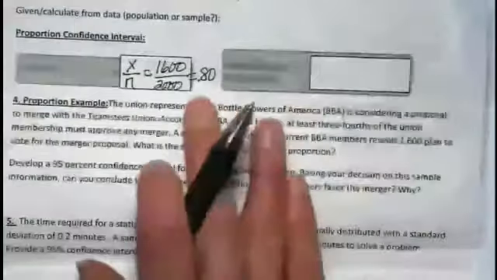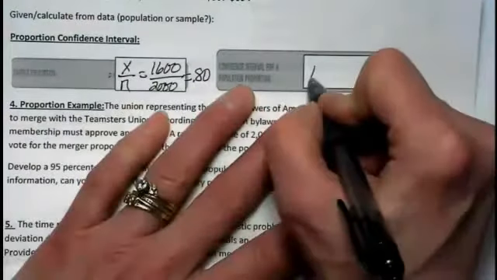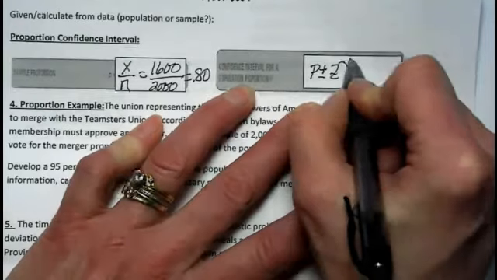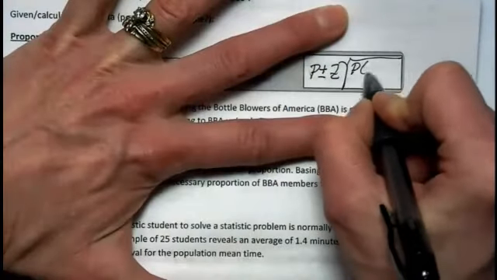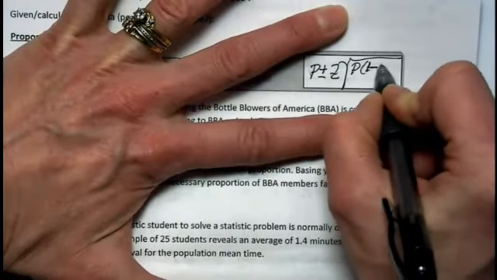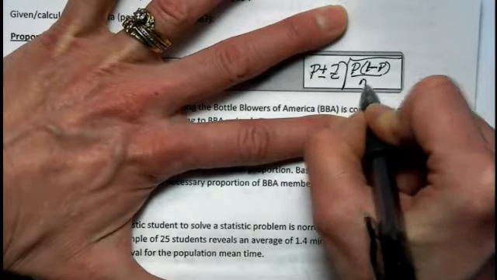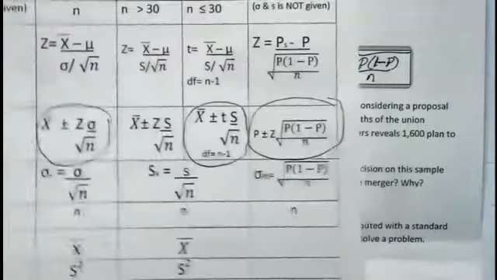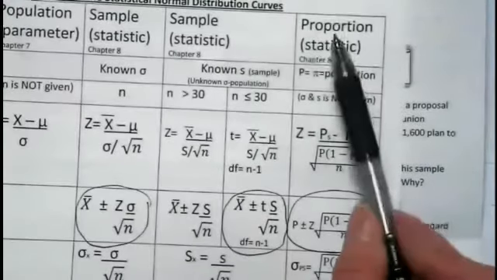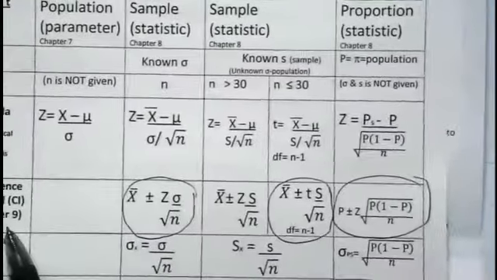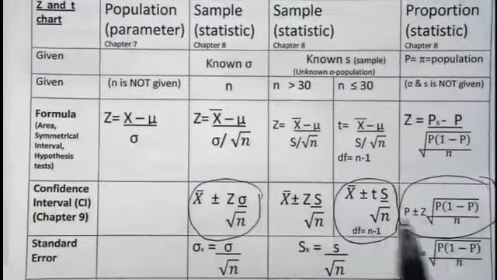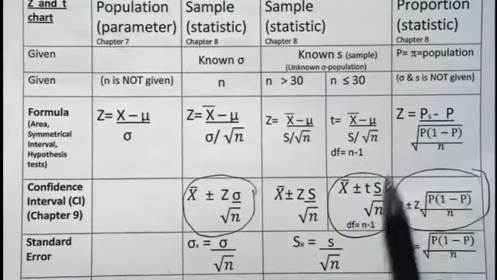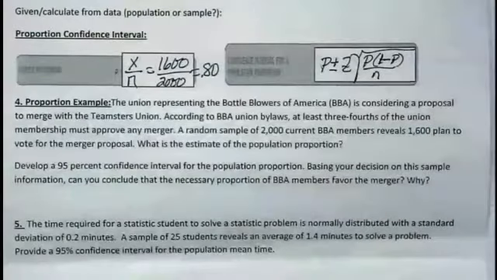Since we're dealing with percents, P plus or minus Z times the standard error, the square root of P times 1 minus P over N. That can be found here. Proportion data, confidence interval, and we come over here is our formula for confidence interval for proportion or percent data.